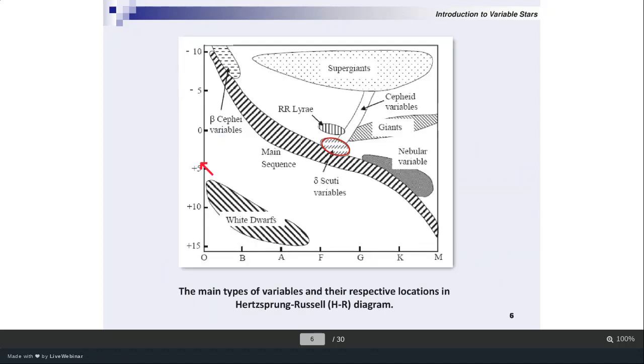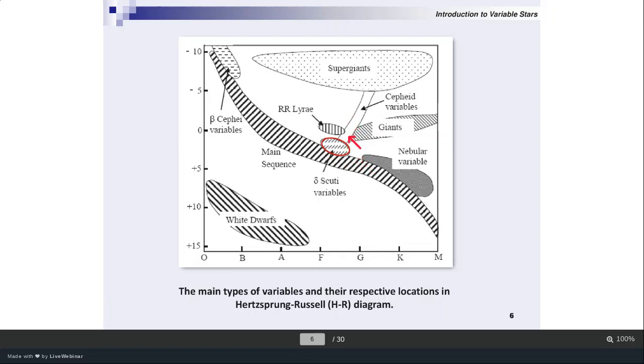So let me show where these different types of variable stars are in the HR diagram. If you look now, this is the main sequence, right? Most stars actually lie on the main sequence before they end their life cycle. Some of these main sequence stars move to other areas.